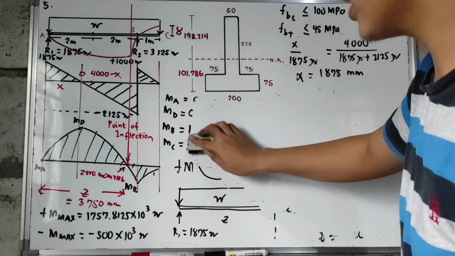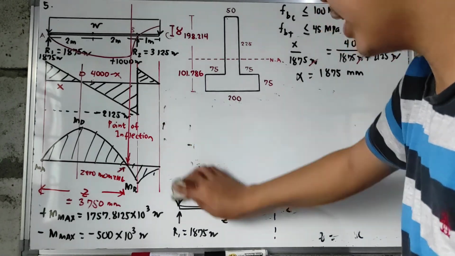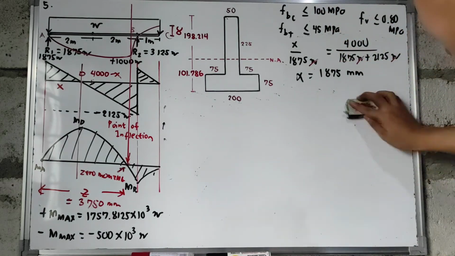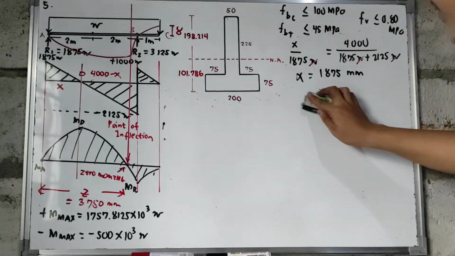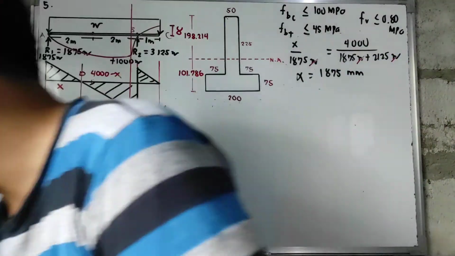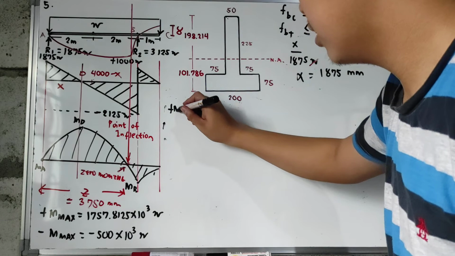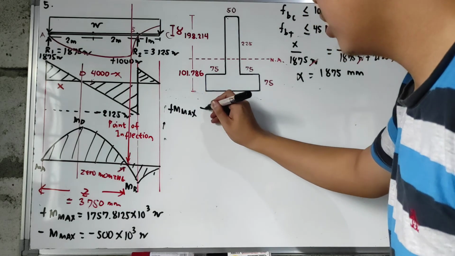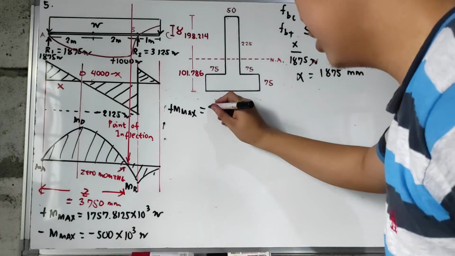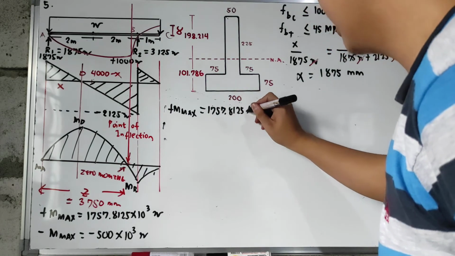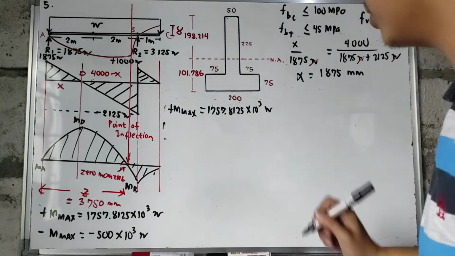So for this one, kapag sinabi nating positive moment, as stated nga, di ba? Kapag positive moment, pangingitiin niya yung beam natin. So we have a positive moment which is equal to 1,757.8125 times 10 raised to 3W.